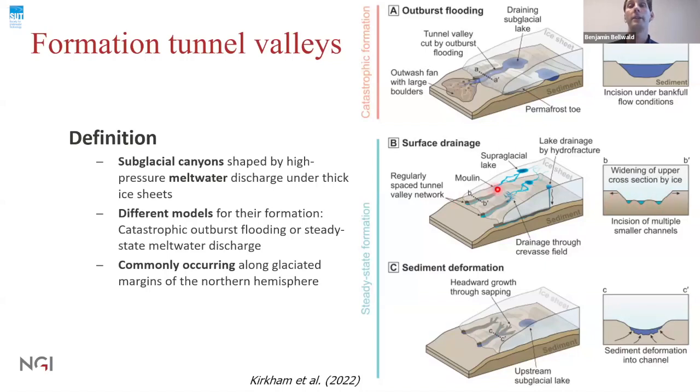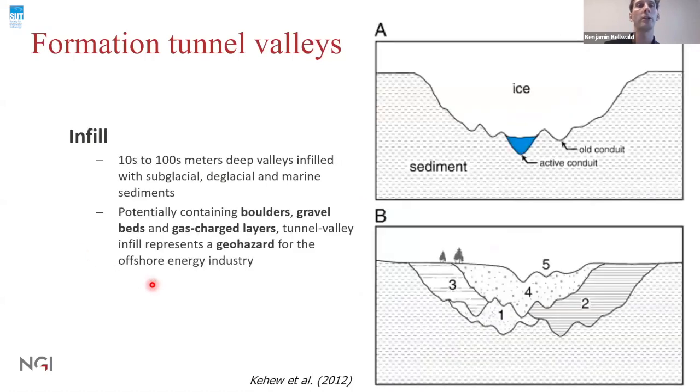So model A is more high energetic, one abrupt event, whereas model B, surface drainage, has a regularly spaced tunnel network with smaller channels at the base of the big canyon. So that's the two common models. I will not go into detail for the third one. They're commonly occurring along glaciated margins of the northern hemisphere, and I will show that in a second.